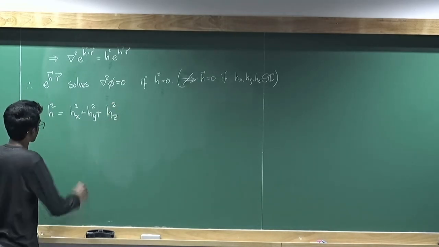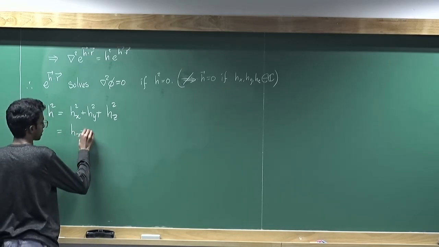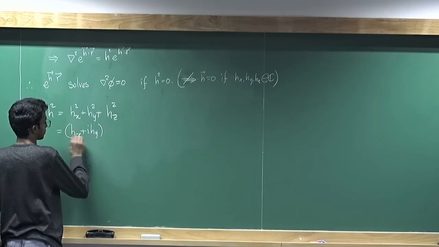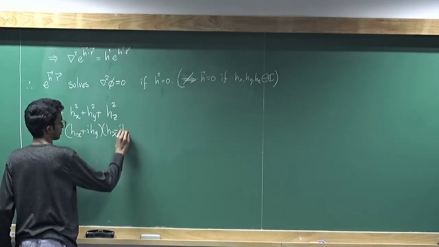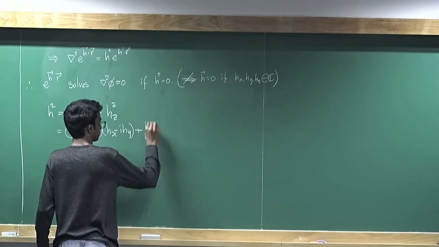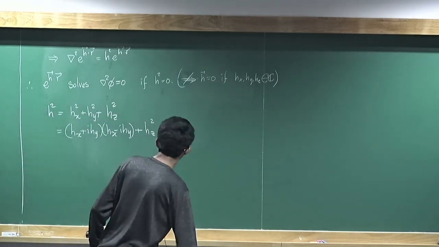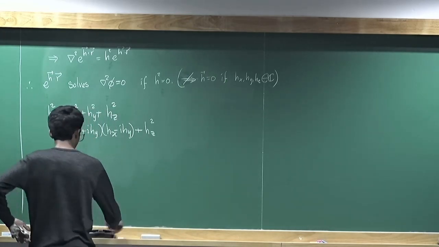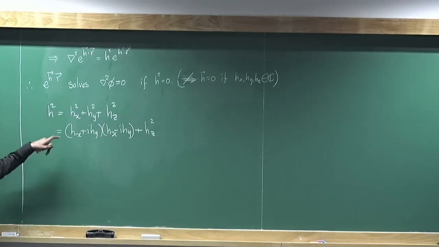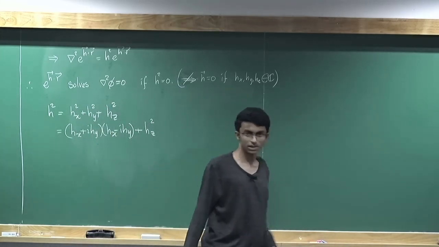Now this I can rewrite as hx plus i hy times hx minus i hy, you'll see why I'm doing this, plus hz squared, right? That's clear, because hx plus i hy times its complex conjugate is just hx squared plus hy squared.